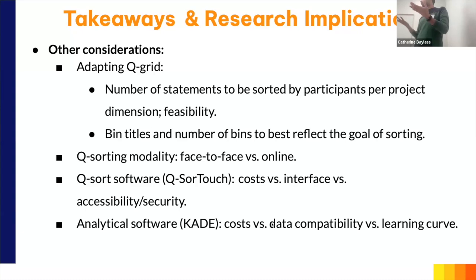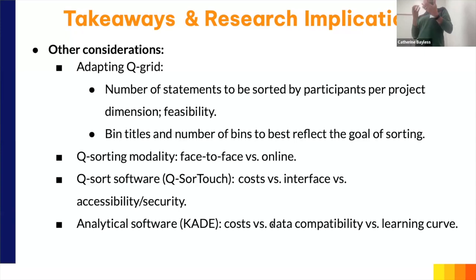That is convenient and easy, but at the same time, it didn't let us know how the participants were sorting the cards. If it were in person, we would be able to see how they were sorting the cards in the Q grid. So that was something interesting.